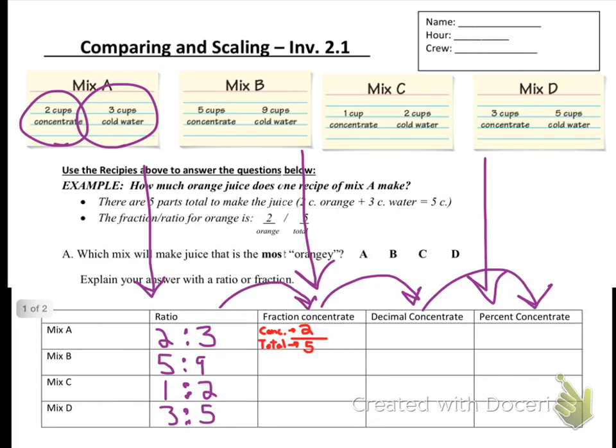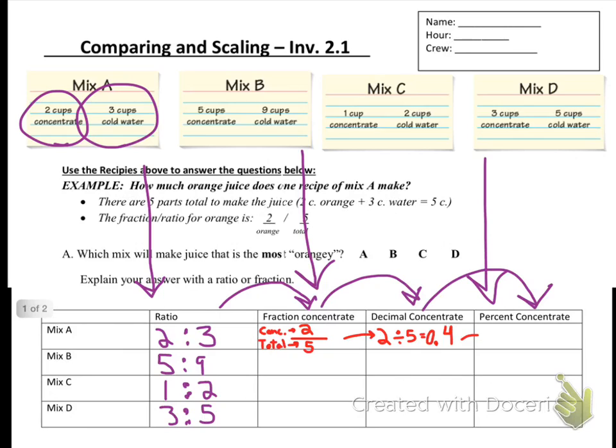Now, I need to make that into a decimal. To make it into a decimal, I take 2 and I divide it by 5. I know that seems a little bit backwards, but we've done this before. In our calculator, 2 divided by 5 gives me 0.4. So this is 4/10 concentrate, 0.4.